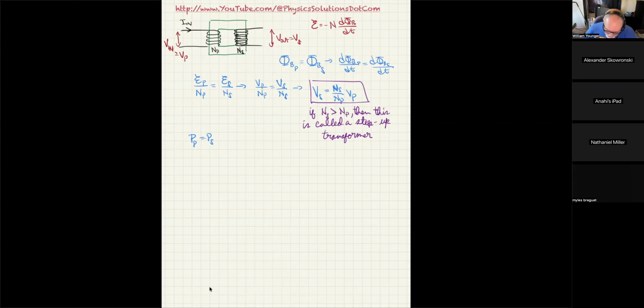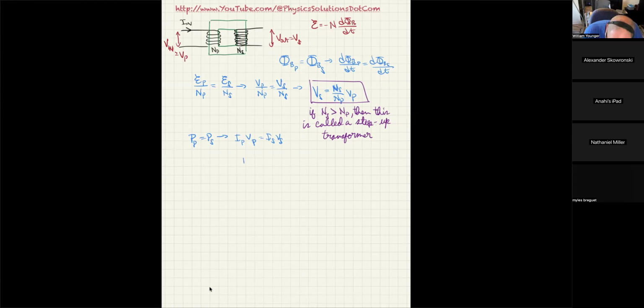But the main thing is, because of conservation of energy, if it is 100% efficient, then the power in the primary side will be equal to the power in the secondary side. That means I primary times V primary is equal to I secondary times V secondary, again because P equals IV is the equation we're using there.